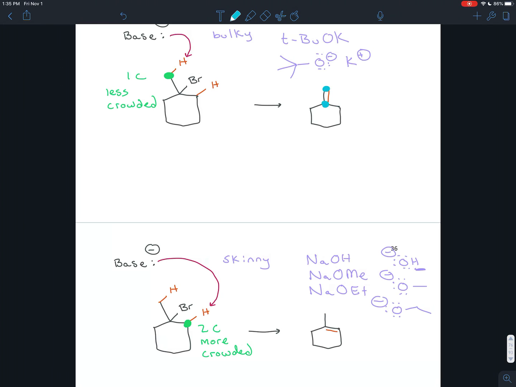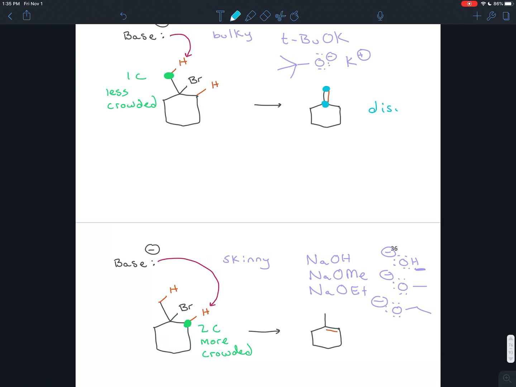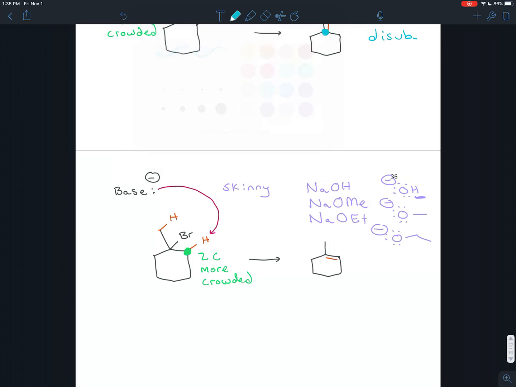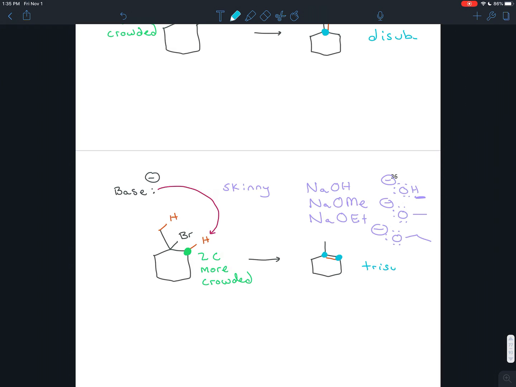So if you look at this top one, that alkene is bonded to two other carbons, so it's described as di-substituted. If you look at the bottom one, the two carbons in this alkene are bonded to 1, 2, 3 other carbons, so it's tri-substituted. And the more substituted alkene is called the Zaitsev product, and it's the more stable molecule.